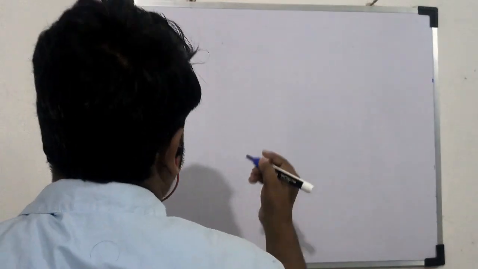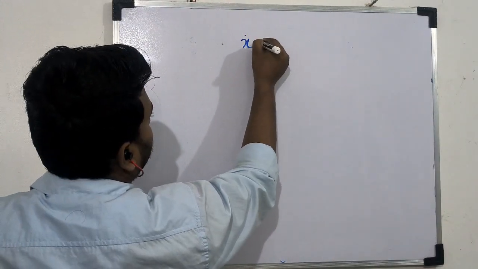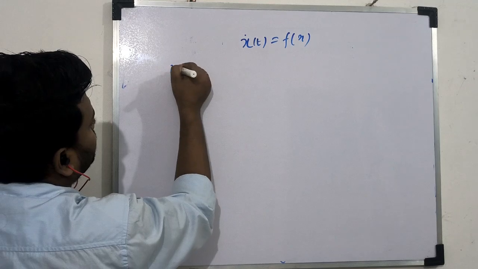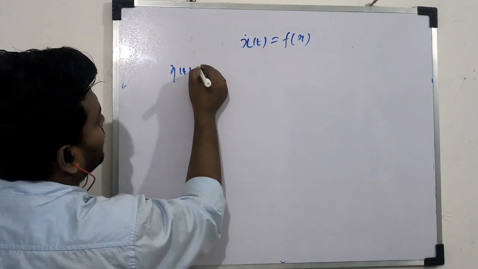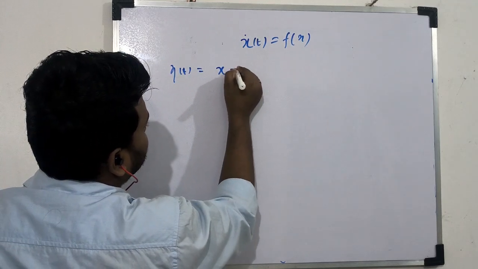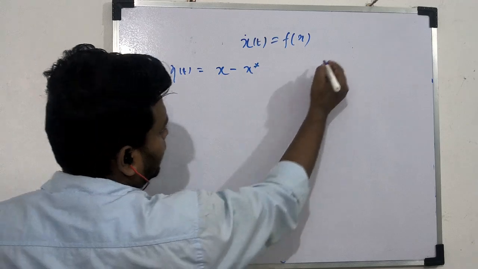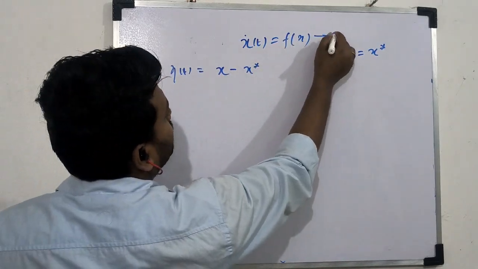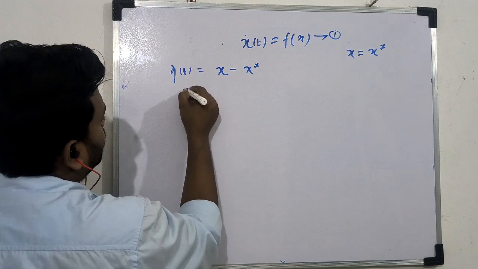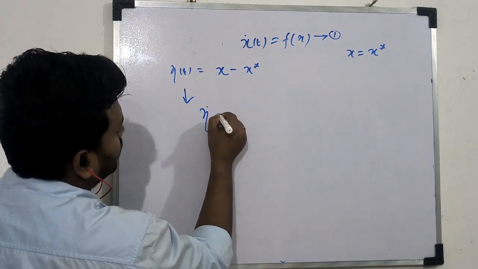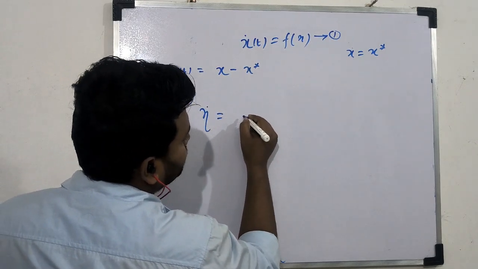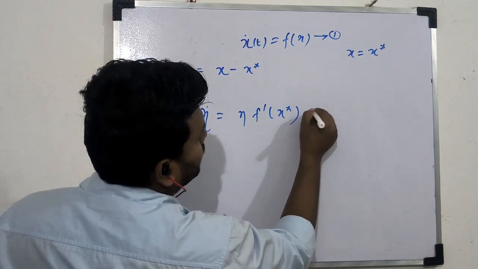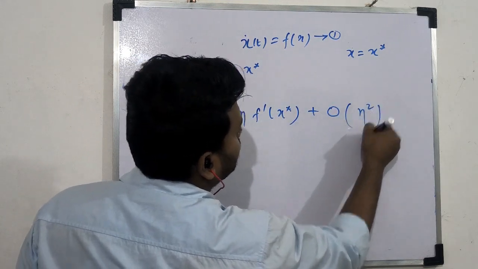So if I discuss the stability of this system, we first take a perturbation, that is x minus x star, where x equal to x star is an equilibrium point of this dynamical system. So from this we get eta dot equal to eta into f dash x star plus order of eta square.